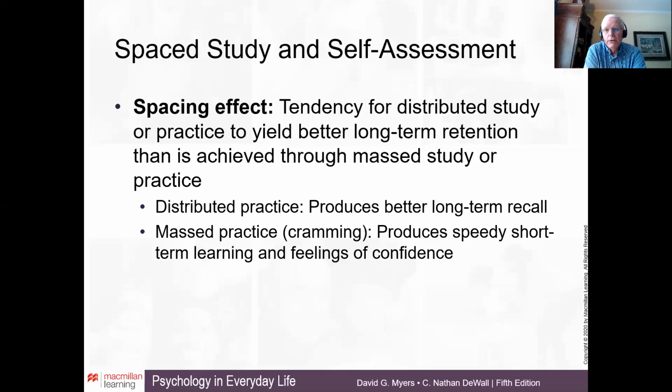It might help us to survive the test, but we're not likely to remember the information very long because we really haven't given our brain the opportunity to process and store the information over a period of time through distributed practice, which seems to work more effectively.